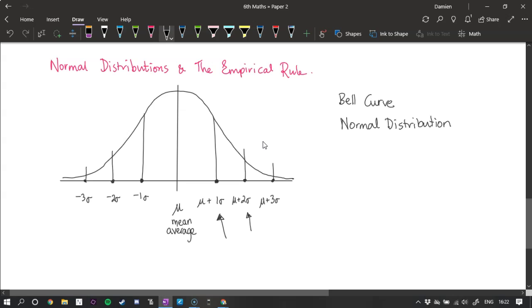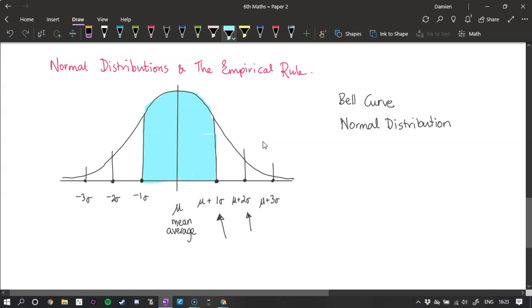Now what do these actually mean? Well, let's have a look. So if you are in this category here, running from here to here, so anything inside this, I'll try and fill that in as best we can.